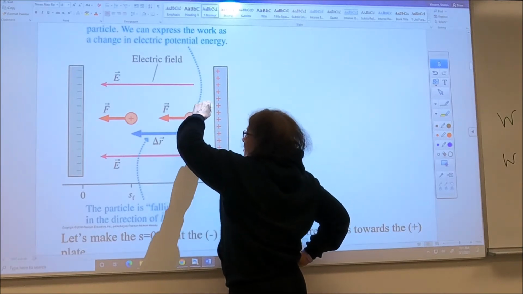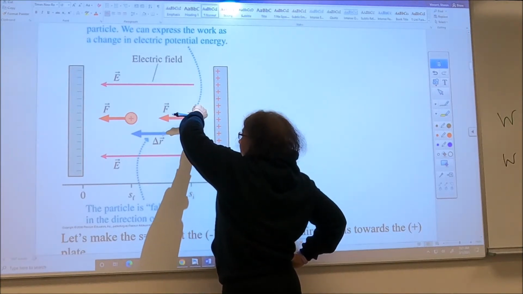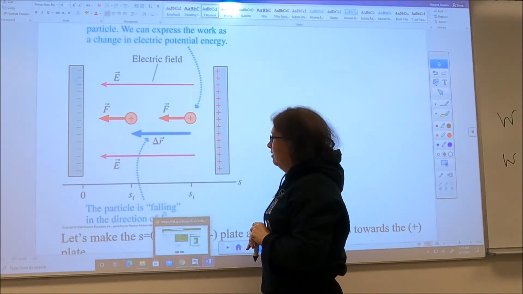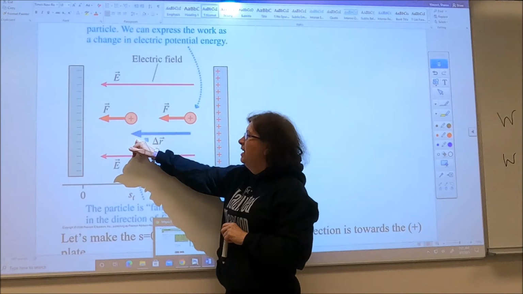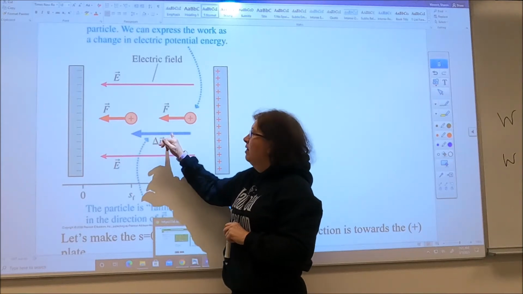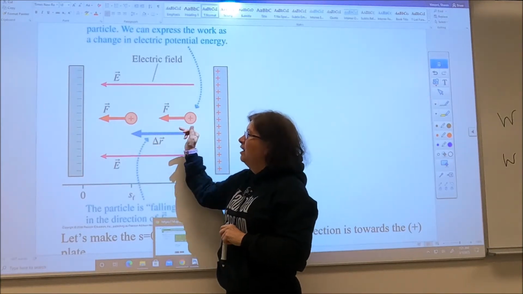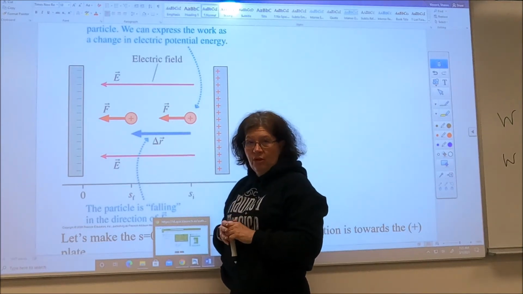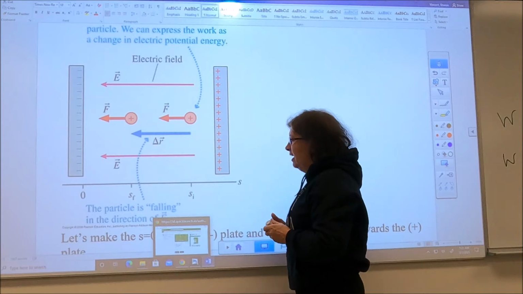So it's going to experience a force directed from the positive plate toward the negative plate. And if it moved a distance delta r, then we could say that work was being done by the force, and there would be a decrease in potential energy and an increase in kinetic energy.